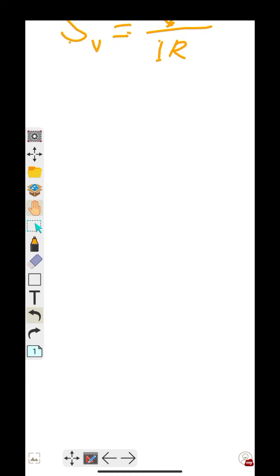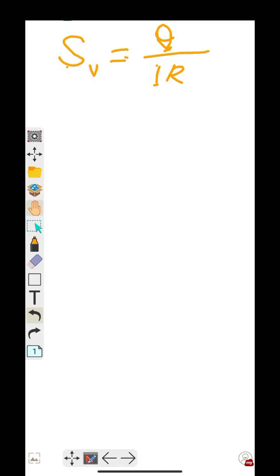I want to find out the voltage sensitivity. As we have seen, it is theta upon I into R, that is deflection upon I into R. Or we can also write voltage sensitivity is equal to SI upon R, because this factor is known to us, we call it the current sensitivity.